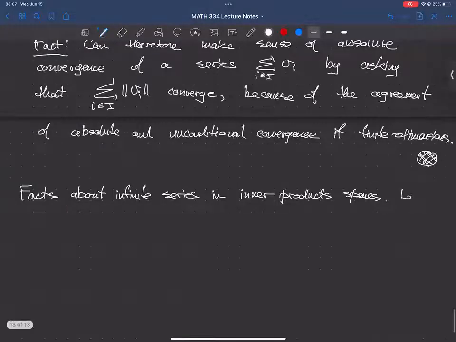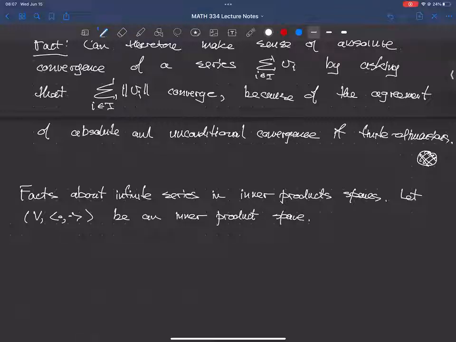All right, so let V be an inner product space, and let the e_i be an orthonormal set.